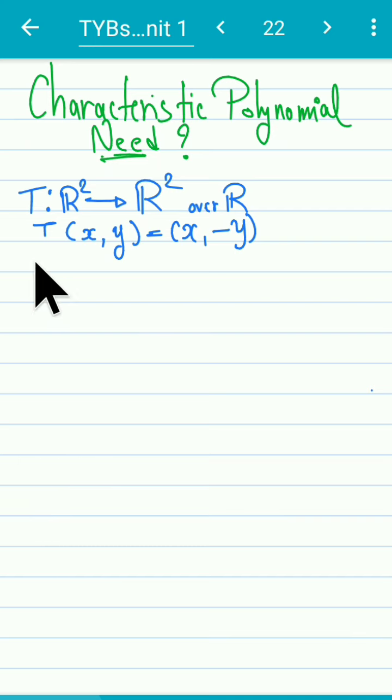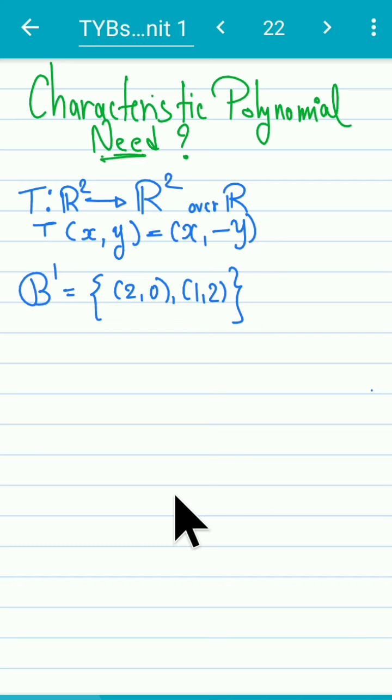I want to write the matrix representation for this. Let me choose the ordered basis B' equal to (2, 0) and (1, 2). With respect to this basis, I have to find the matrix representation.